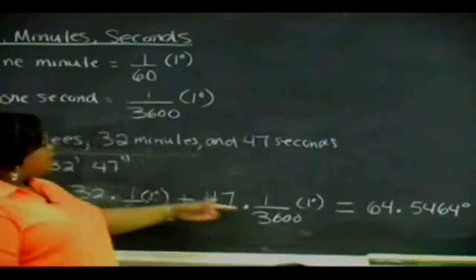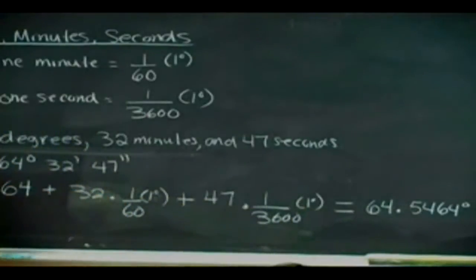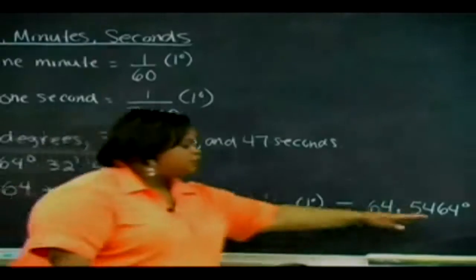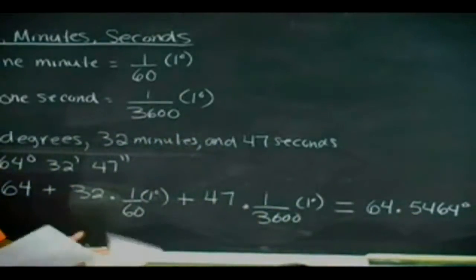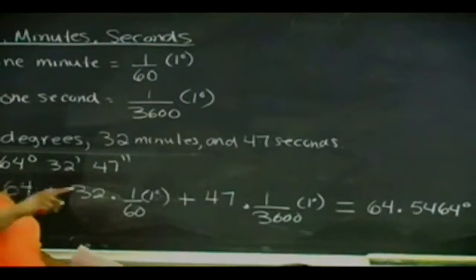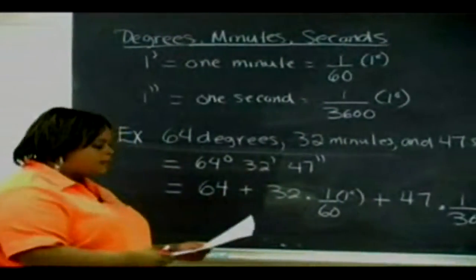We put the seconds over 3,600 and attach our degree symbol. Then we use our calculator to get that approximation. This portion represents the decimal portion, so you really want to get what goes after the decimal: 32 over 60 plus 47 over 3,600, and that should give you this 0.5464. As I said, this is not widely used in trigonometry. You may see a problem scattered here or there where you have degree, minute, and second, but not many.